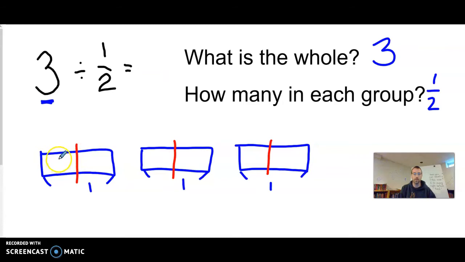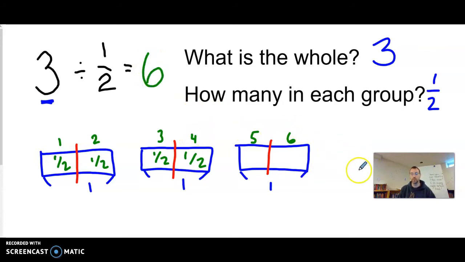Here's a half, that's labeled. There's one group. Here's my other half, and I need it in groups of halves, so there's another group. I'm going to take this half and put it in a third group, and this half in a fourth group, and then the last ones in groups. How many groups do I have? Well, there's 1, 2, 3, 4, 5, 6. I have 6 groups. Whoa.